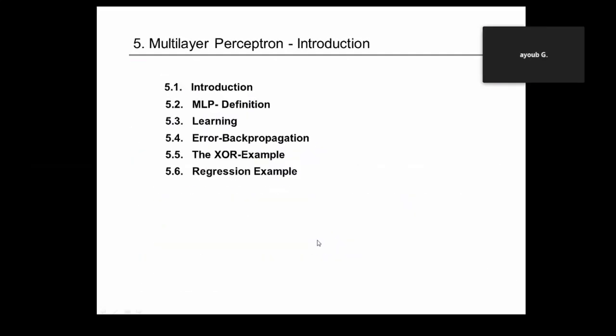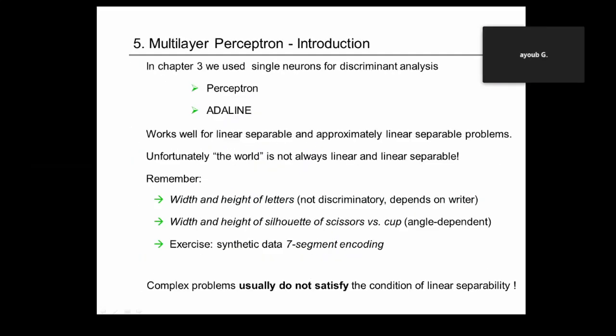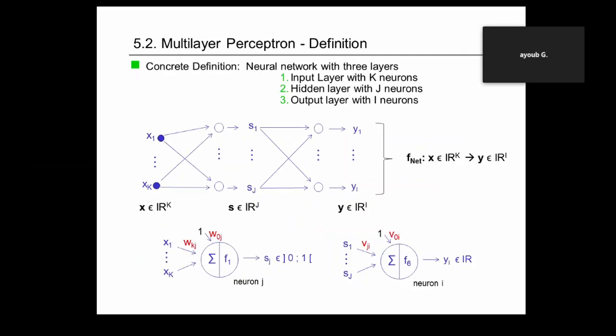Professor? Yeah? I have a question about the slide, about the formal neuron below. We have our inputs x1 to xk with K neurons, and the neurons in the hidden layer see the complete input space.